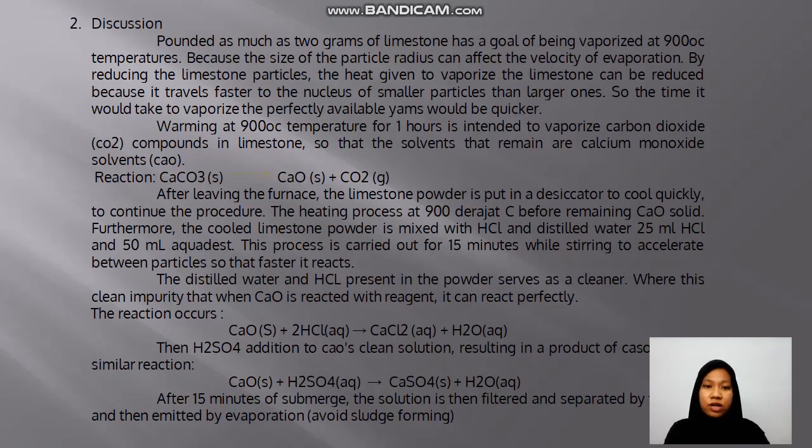After leaving the furnace, the limestone powder is put in the desiccator to cool quickly. The heating process at 900 degrees leaves CaO solid.